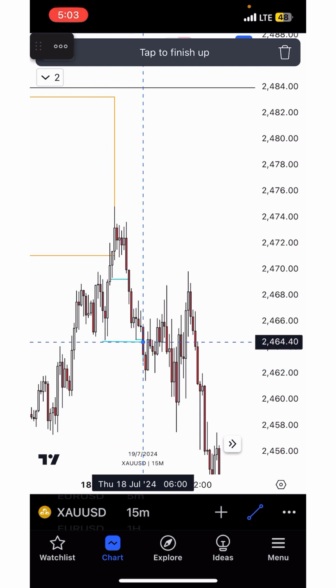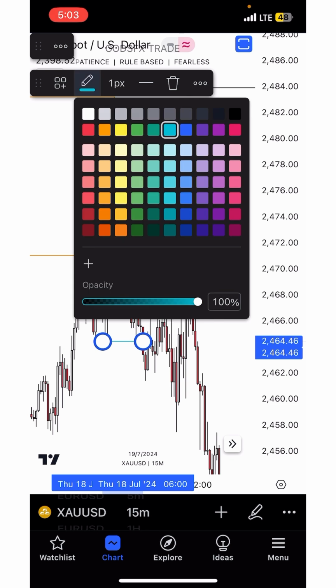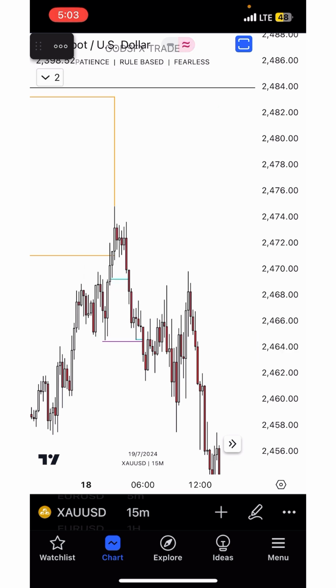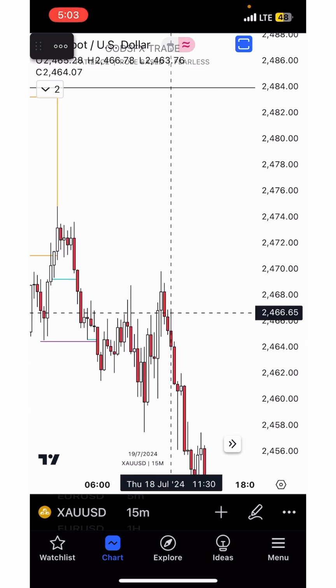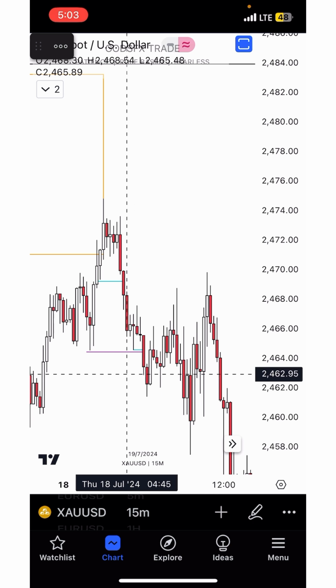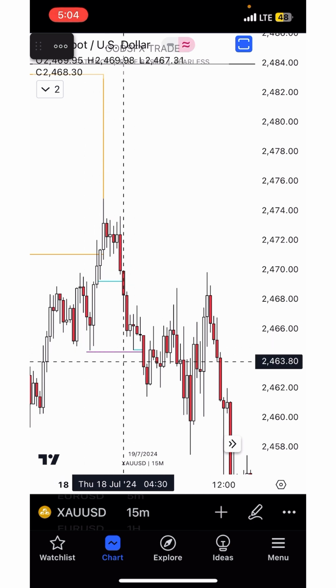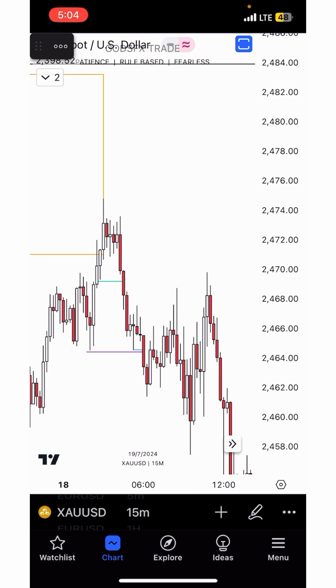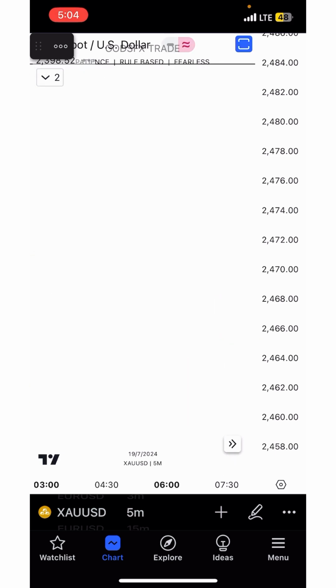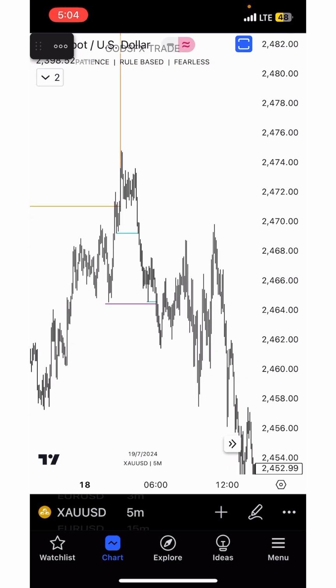As you can see, 15 minutes broke here, I'll use purple. 15 minutes, let me zoom out. Wow, 15 minutes has changed from bullish to bearish, which means that this 5 minutes previous high is not going to hold.